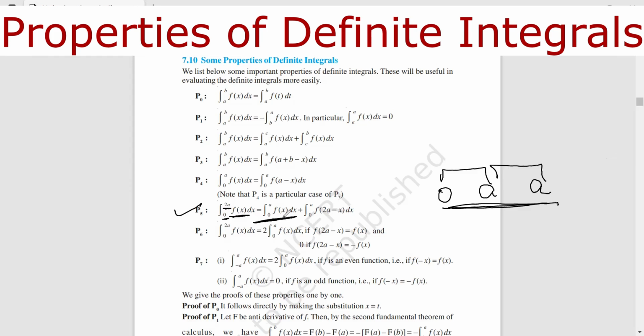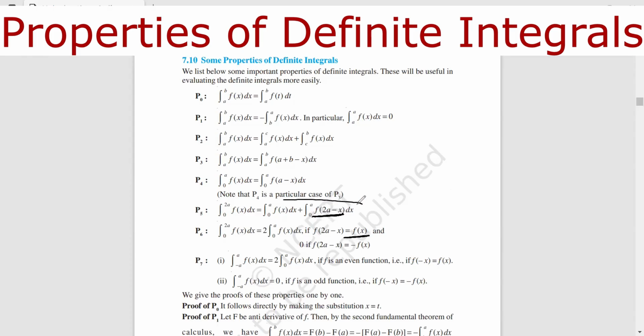For the next part, I will take f(2a minus x) in place of f(x). This is the property: the integral from 0 to a of f(x) dx plus the integral from 0 to a of f(2a minus x) dx. But if f(2a minus x) becomes equal to f(x), then rather than writing this, we simply write this.